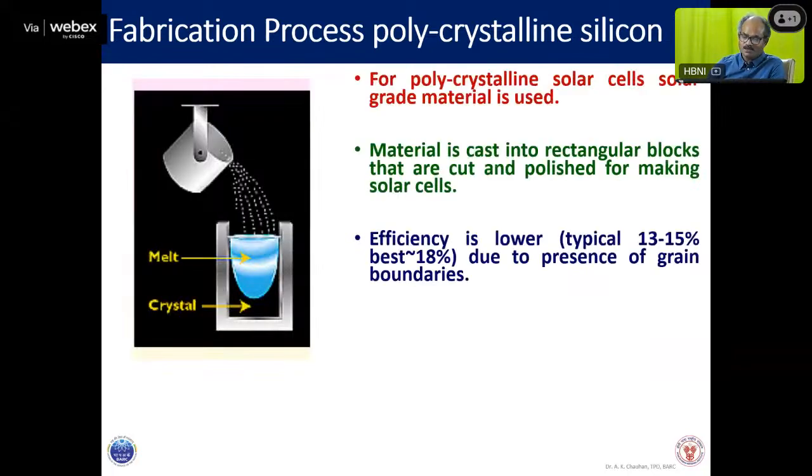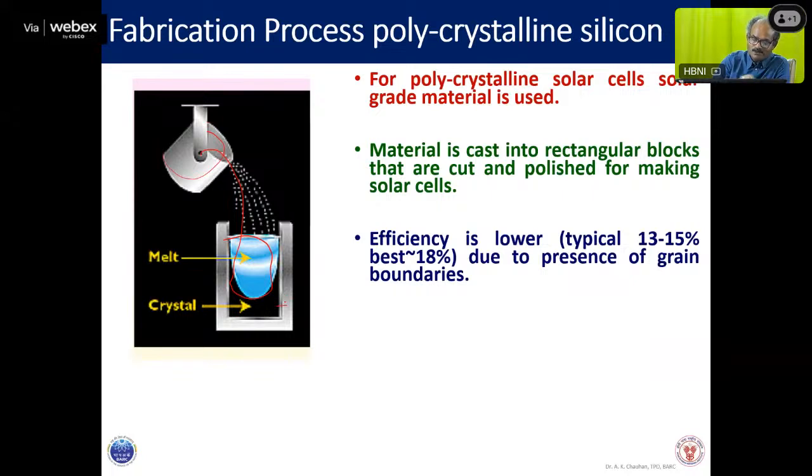As I said, the process is very simple. What is the process? You melt. First, you take the silicon in a big bucket, and then you melt it by raising the temperature, putting it inside a furnace, or whatever way you want. You can couple directly with induction heating, and once it is molten, you pour it into a container.